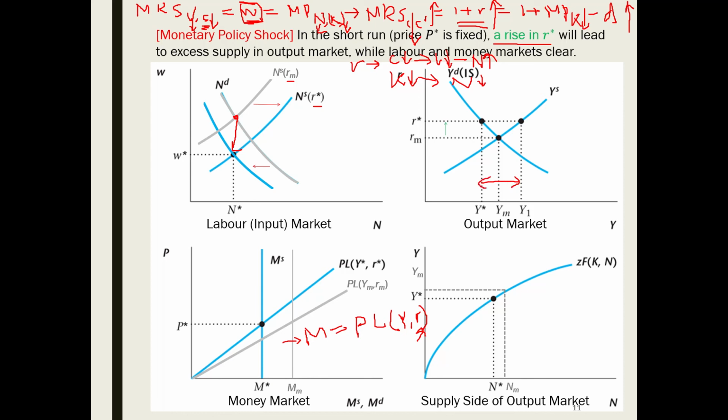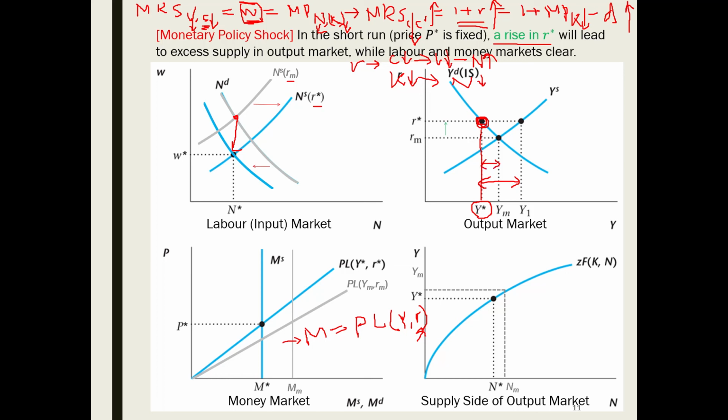In the short run Keynesian models, it is always assumed that demand determines supply, so how much is supplied depends on how much is demanded. In this case, the final output is Y star. The gap between the original output YM and the new output Y star is called the output gap.